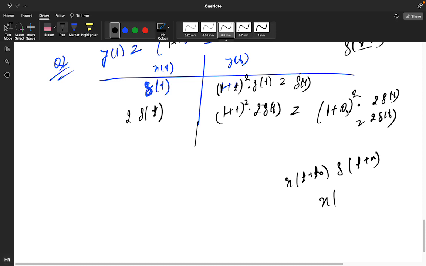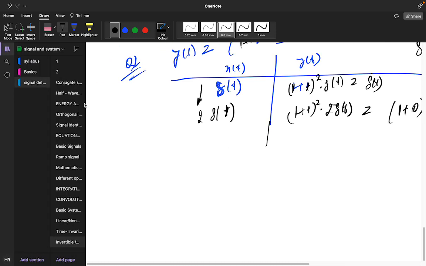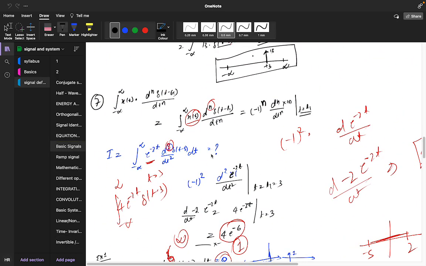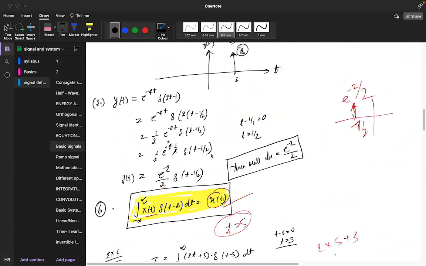These things you will understand from the revision only. So the same concept is applying. In impulse response we had studied these things, basic signals, properties and all, everything we had seen.